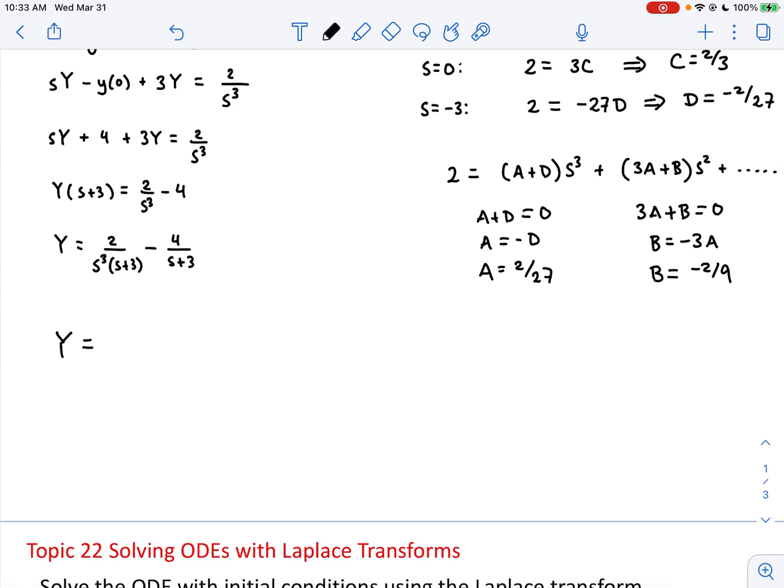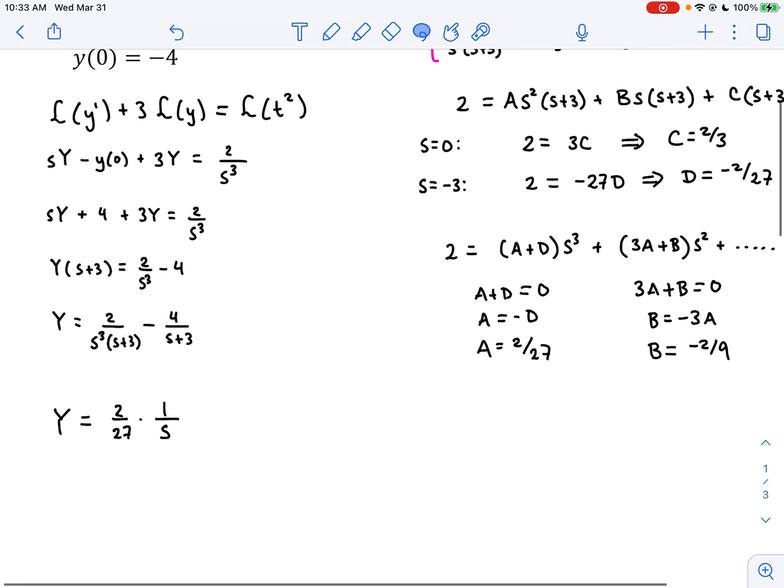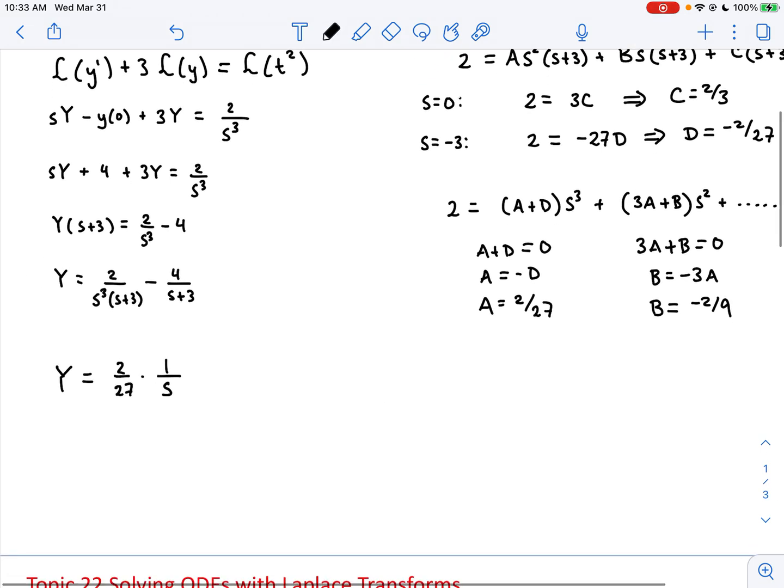So we have a over s, so 2/27 over s, and I'm going to put that 2/27 just in the front instead, and think of this as my a over s essentially. We just do a times 1 over s, plus b over s squared, and b is negative 2/9, so we're going to have minus 2/9 times 1 over s squared. That'll be satisfactory.